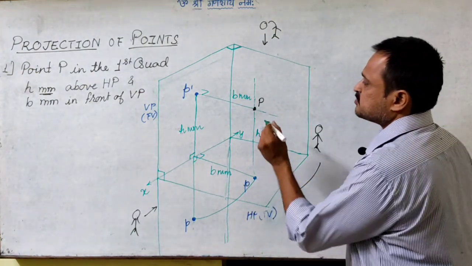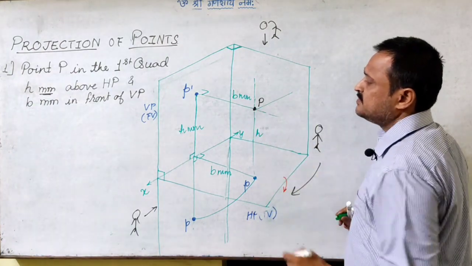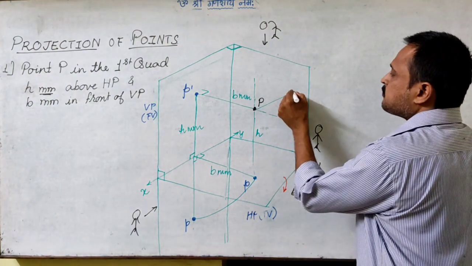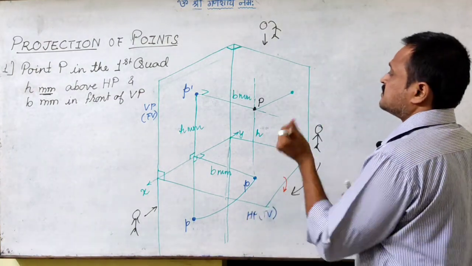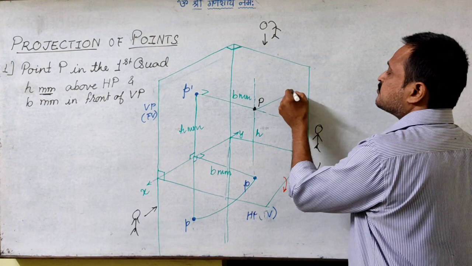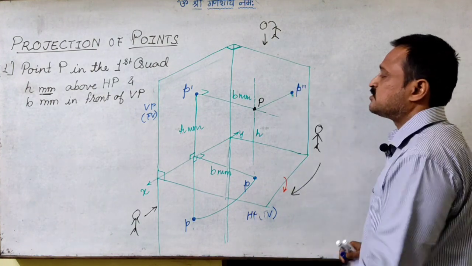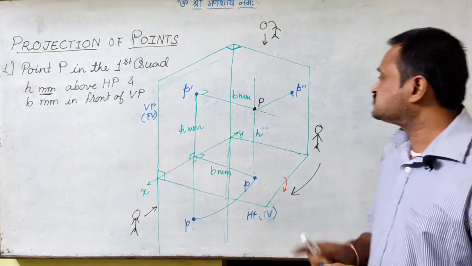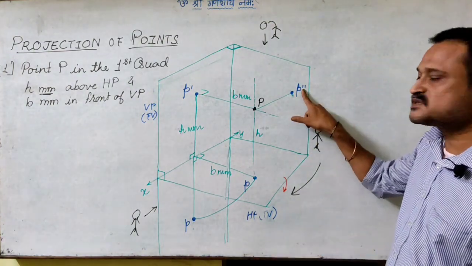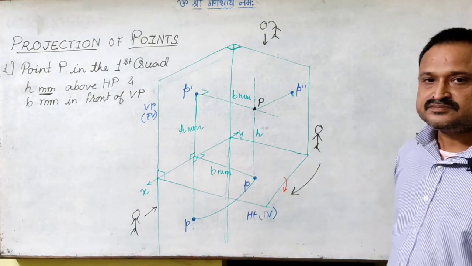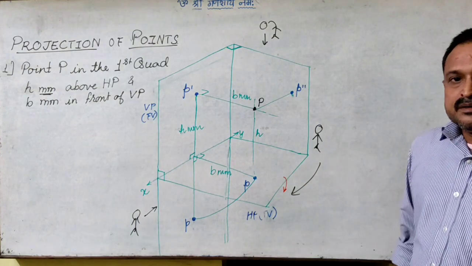That means the projector will be in one direction, there will be only one projector. Wherever this projector meets the profile plane, here I will get the left profile view or the left hand side view as P double dash, and we denote it by smaller case p with double dash. This is how we denote the profile view.